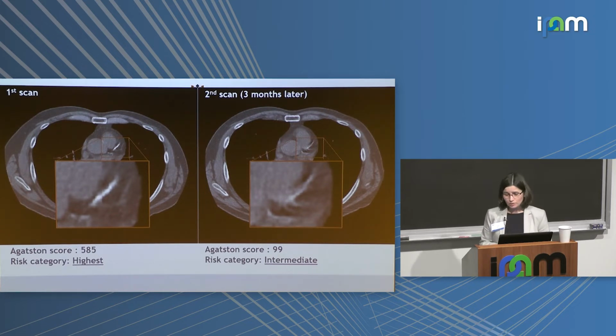If you look at the scan 3 months later, there is a lot of cardiac motion visible, and if you apply the standard method, calcium score would assign the patient to the intermediate risk category. Well, for one, the calcium score could not decrease over 3 months, certainly, and the treatment recommendation might be different.